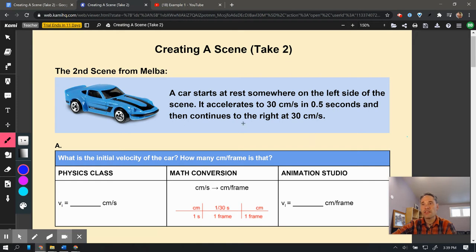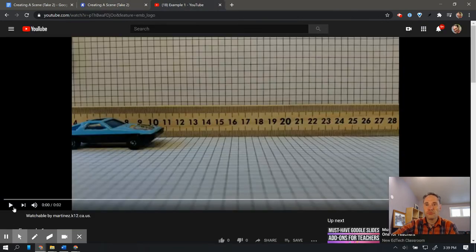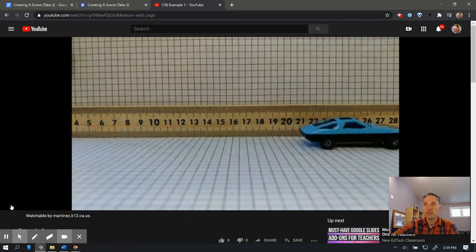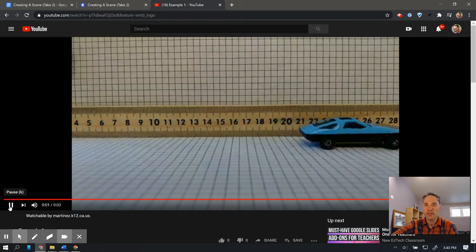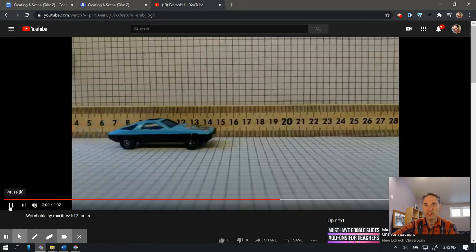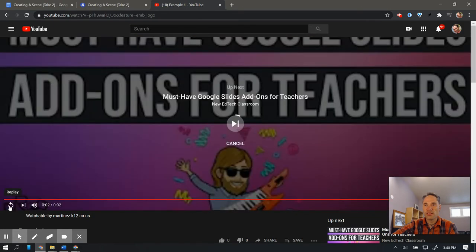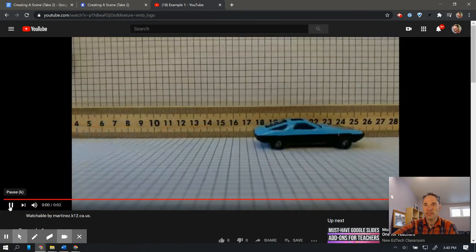And then it's going to continue to the right at 30 centimeters per second. So here it goes. I'm going to hit play. It accelerates to the right and then drives off. Now, that is so fast. Let's go back here again and see it. That's it. That's the whole scene.